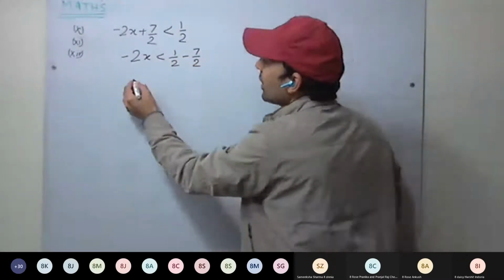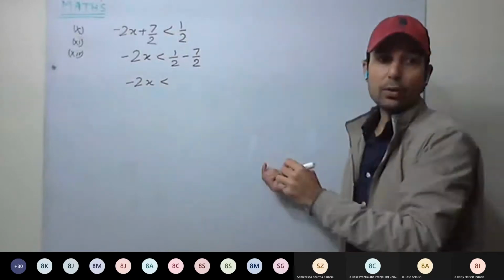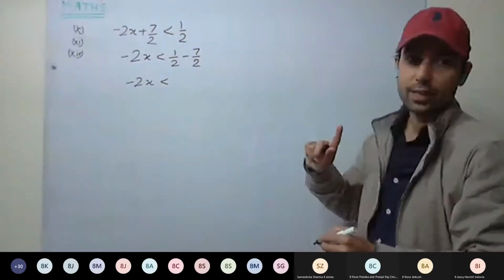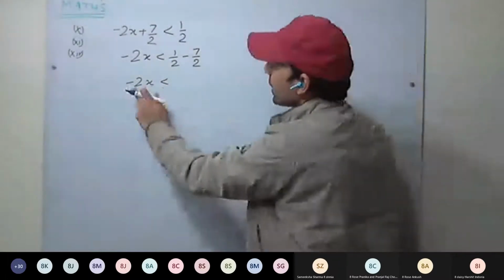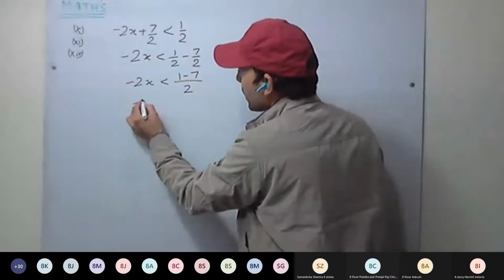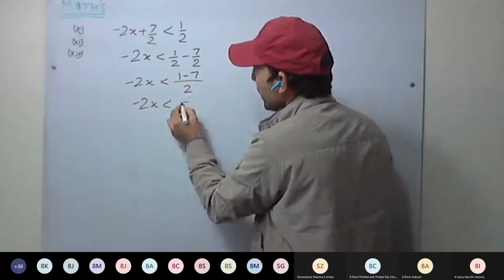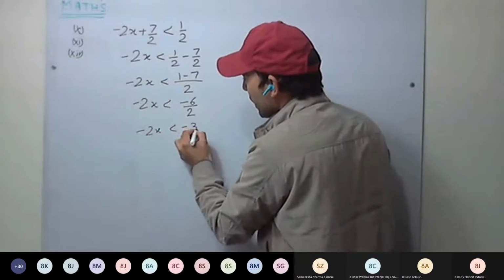This we have done. Whenever you have doubt, just go through the video once, because most of the questions we have already done. So minus 2x less than, take the LCM: 1 minus 7, minus 2x less than minus 6 upon 2, minus 2x less than minus 3.